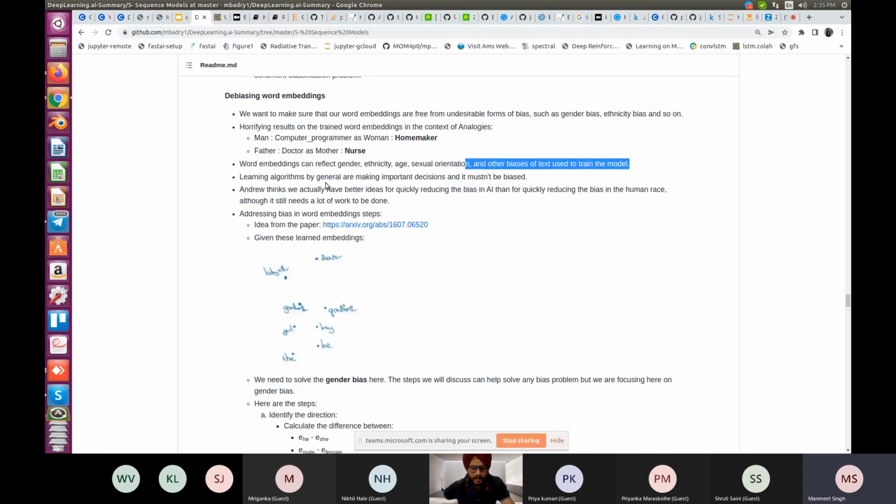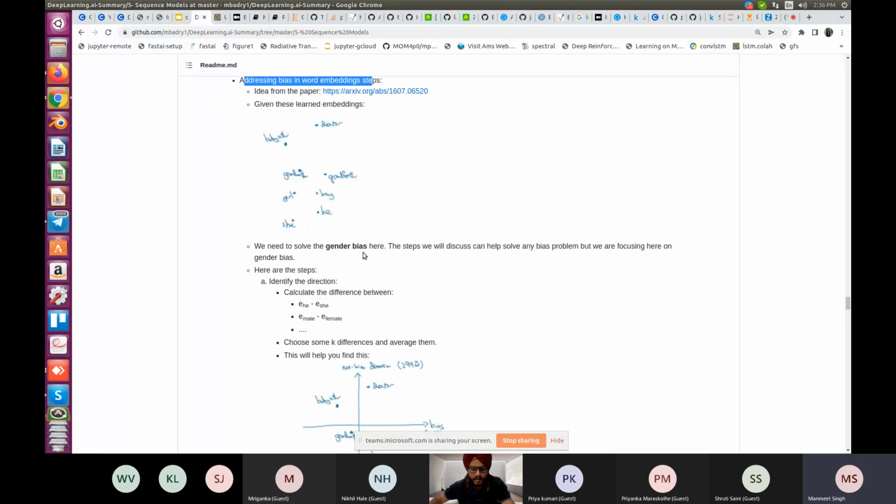And learning algorithms in general are making important decisions, so if you deploy this model somewhere, it should not be biased. And so Andrew thinks we actually have better ideas for quickly reducing bias in AI than for quickly reducing bias in the human race. That's an opinion, and there are various ideas for addressing this kind of bias.